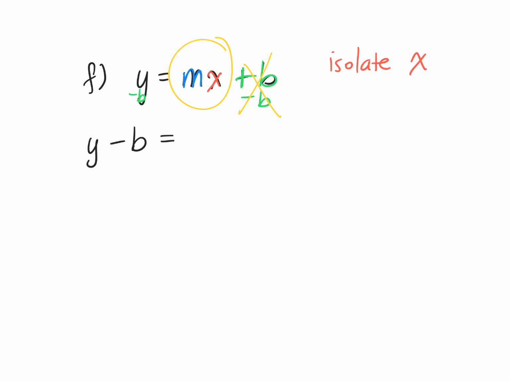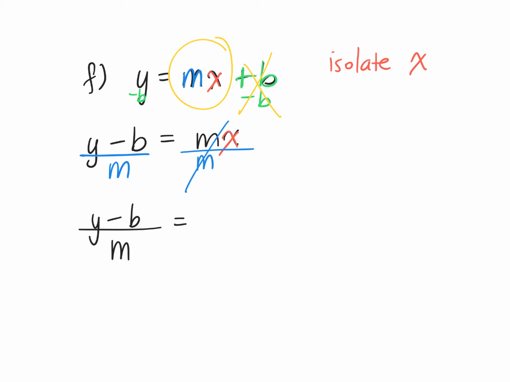MX, good. I'm trying to get X by itself. But I have an M in front of the X, that means M times X. What's the opposite of multiplication? So I'm going to divide by what? Divide by M, so I have to divide the left side by M. That gets rid of it. We're left with Y minus B over M equals X.